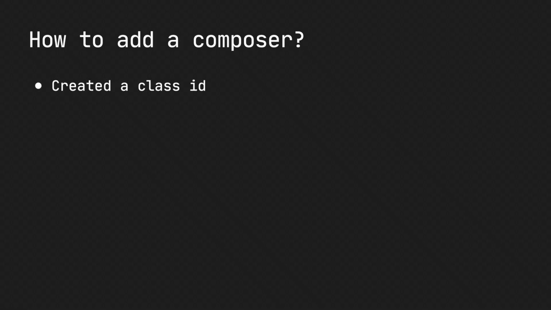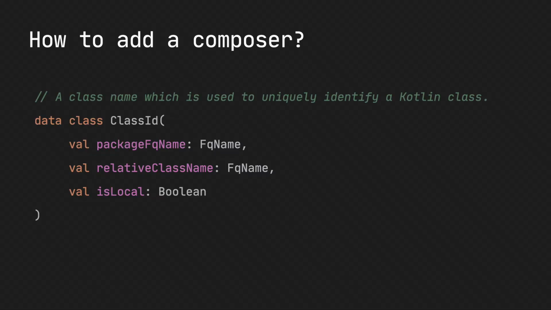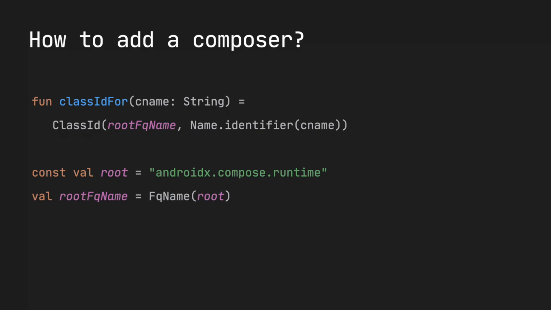First thing you need to do is to create a class ID, and you specify the name of the type that you're going to use. This is part of the Kotlin compiler, part of the core module called ClassId, and we're going to specify the package name and the relative class name. You'll see in the Compose compiler plugin that it creates this class ID for the composer object.